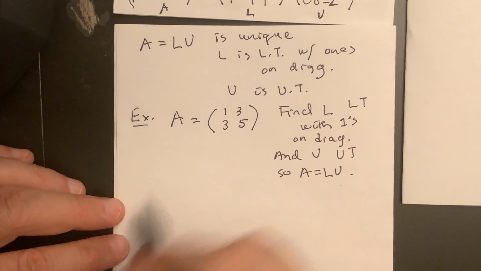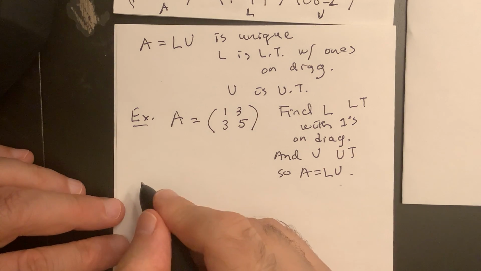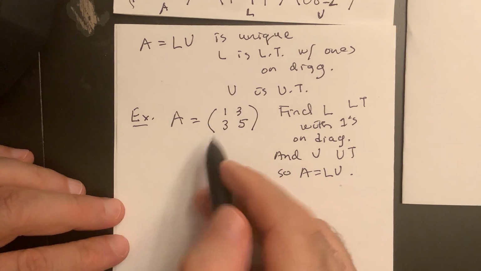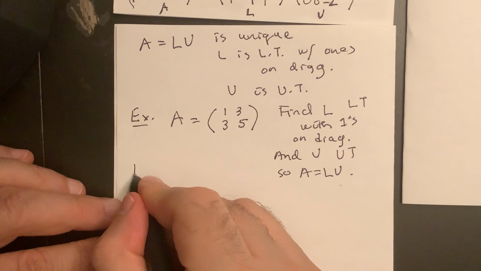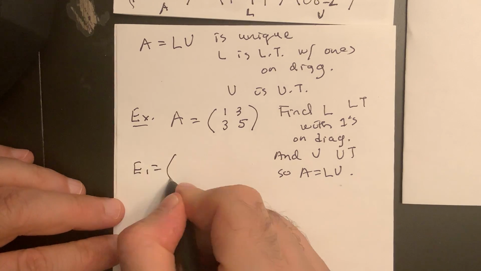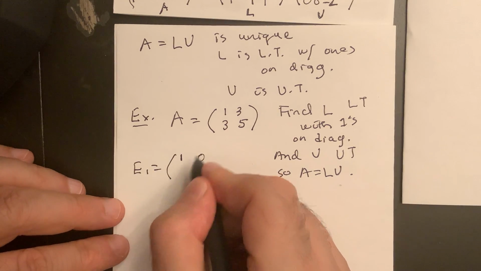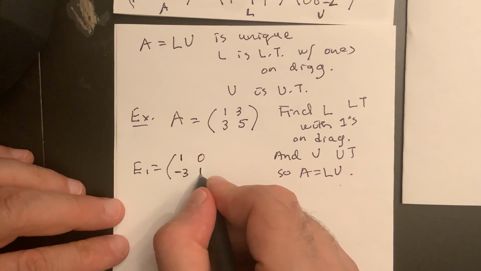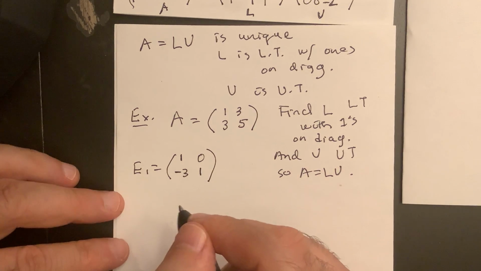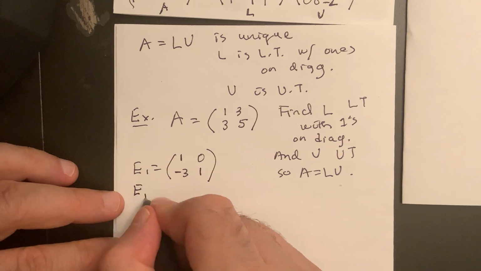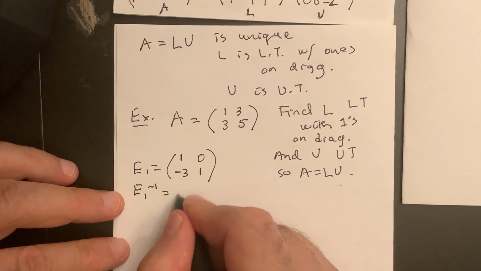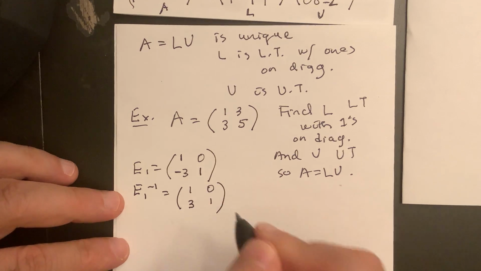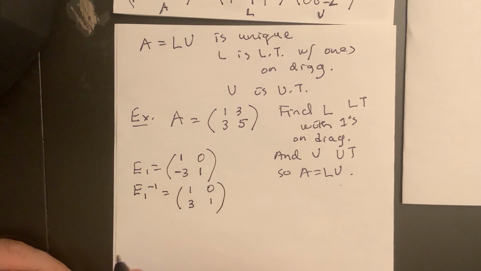We're going to use elimination matrices first, right? So I need minus 3 times this plus this to get rid of this 3 down here. So we say E1. I keep the first row, so 1, 0, and then I take minus 3 times the first row plus the second row. All right, so what's E1 inverse? It undoes this. So it's 1, 0, and 3, 1. Okay?